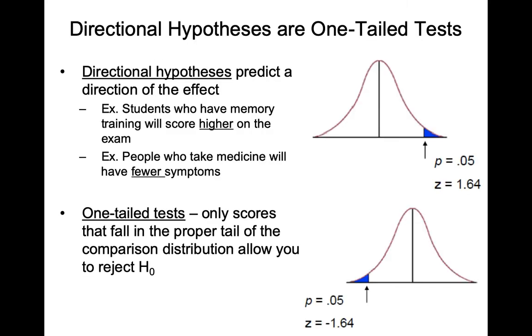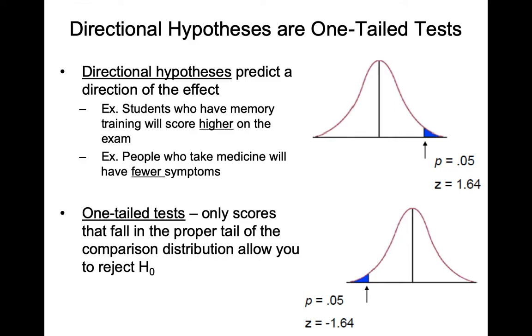All right, just to elaborate this a little bit further. So directional hypotheses are associated with one-tailed hypothesis tests. A directional hypothesis predicts a particular direction or a particular difference between two populations.